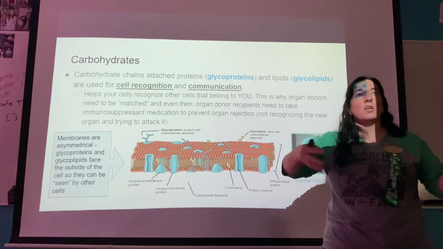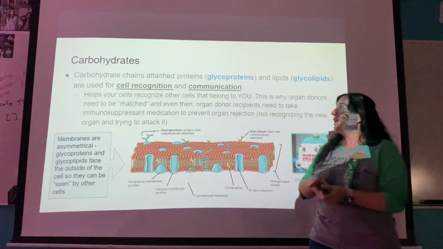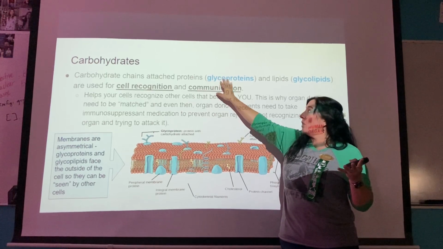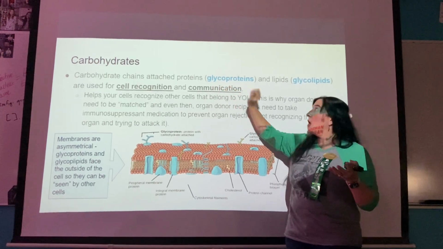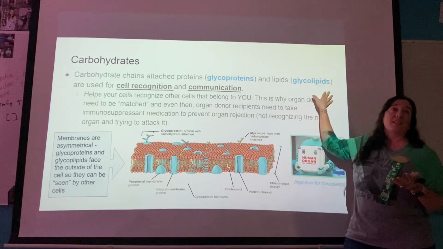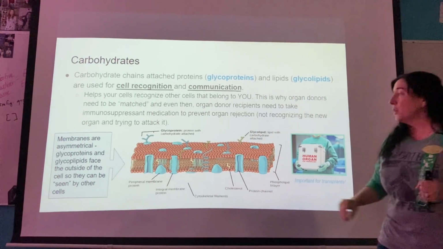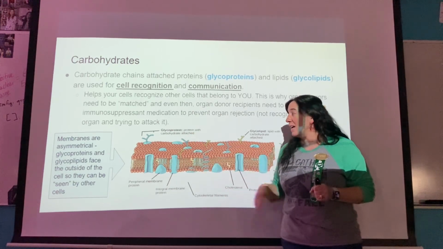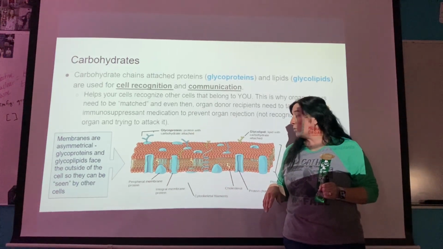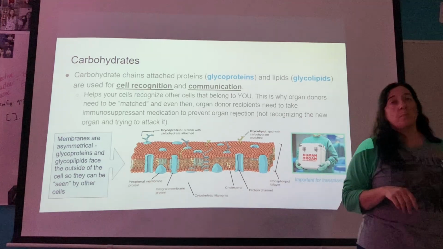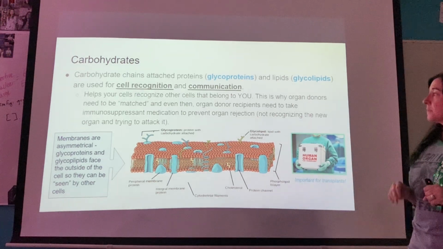Glucose, glycogen. So these are carbs made up of glucoses. Glyco attached to a protein, or glyco attached just inside the phospholipids. Your glycoproteins are attached onto a protein. Your glycolipids are just embedded in the cell membrane right by those phospholipids.